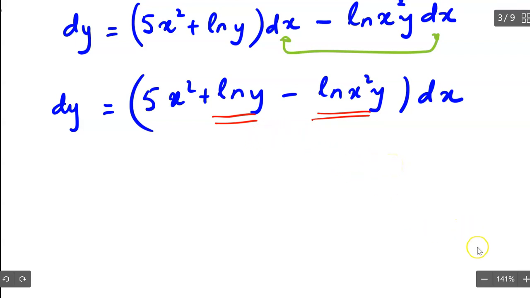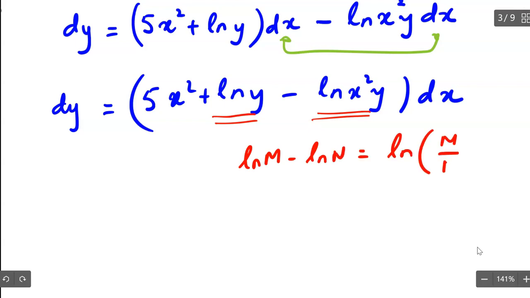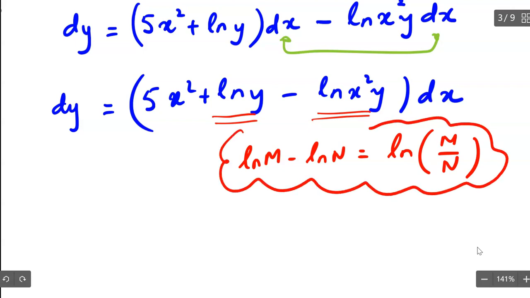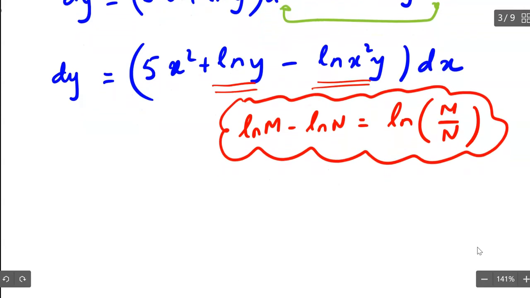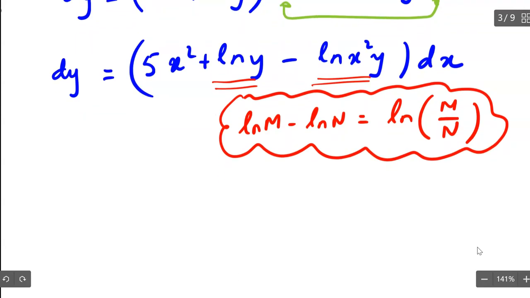So if you have ln of m, subtract ln of n, this will be ln of m divided by n. Okay, so it's just a reminder. This is the formula for the property of logarithm. So I'm going to apply that property of logarithm here.